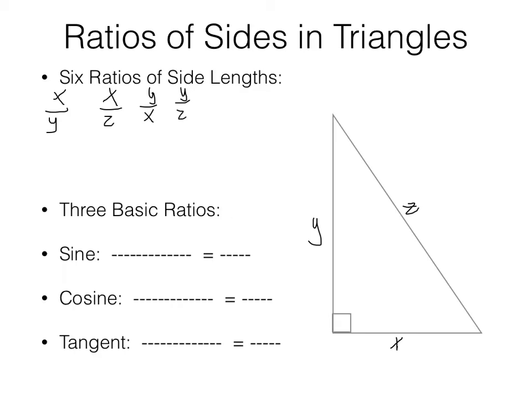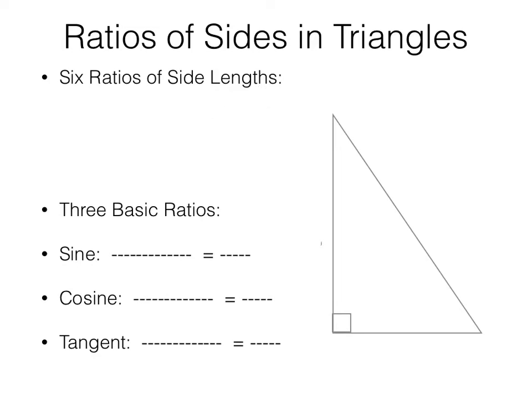And I could have z over x or z over y. Let's see. X over y, x over z, y over x, y over z, z over x, z over y. Okay? There's 6 different combinations. And this x, y, and z stuff is not really important, just to see that, hey, there's 6 different combinations. So now let's look at the 3 basic ones.